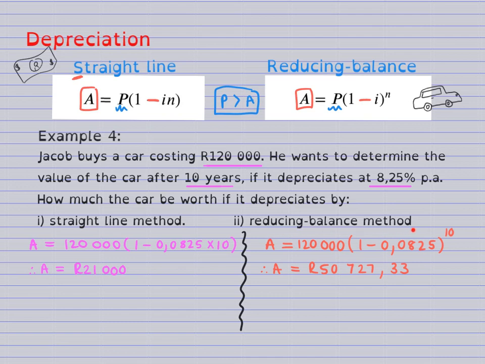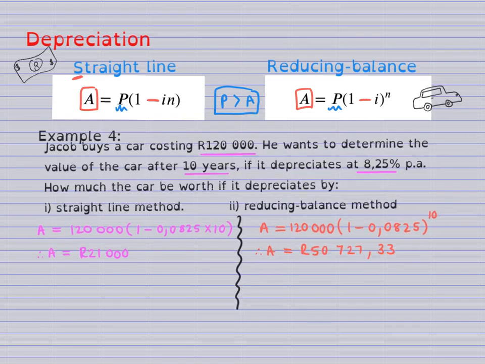With the reducing balance method, however, there will always be some money left over. And the car would work with a reducing balance, because a car is still something that you could sell for scrap metal. It's never going to be worth nothing.